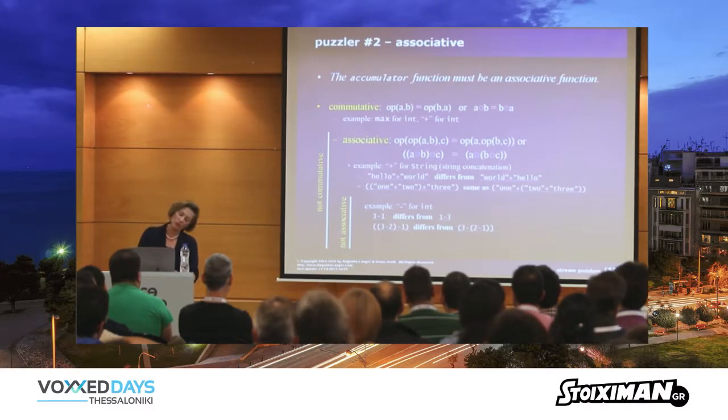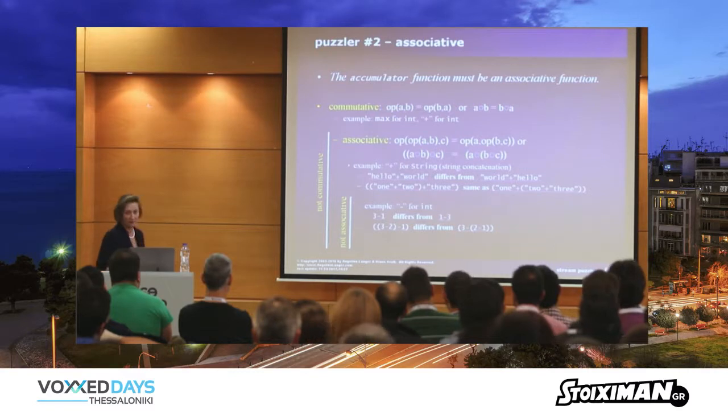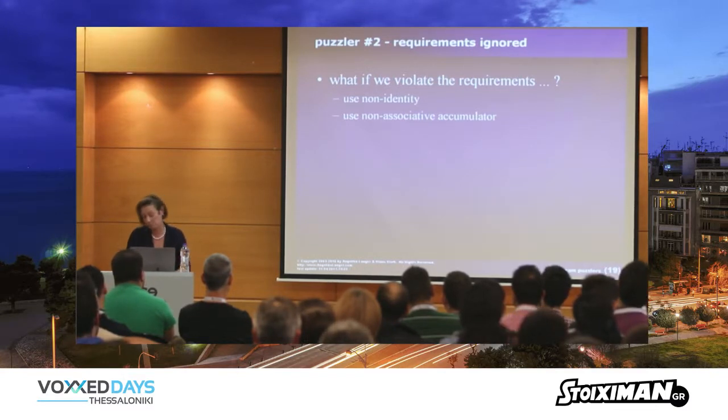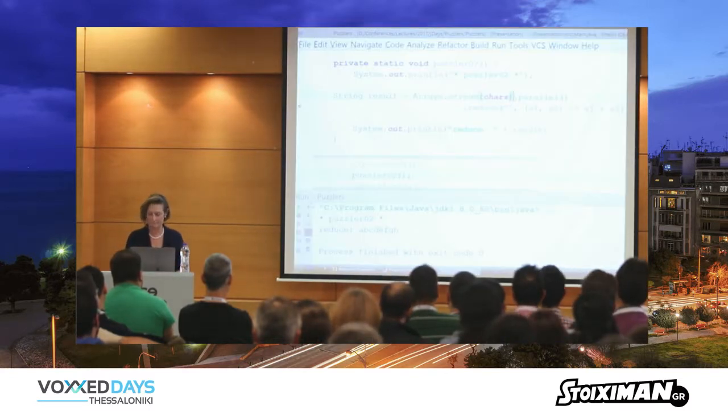Okay, non-associative operations are obviously not acceptable here as accumulation functions. So if you, for instance, would be using integer minus or something like this, it doesn't meet the requirements. Okay, so what happens if we violate these requirements, if we just ignore them by chance or, yeah, just deliberately? So let's explore this. What happens? Next puzzler.